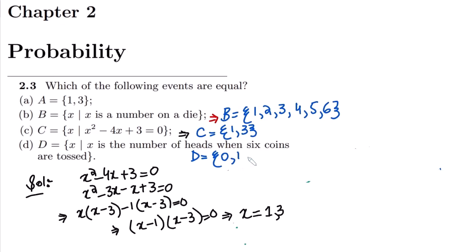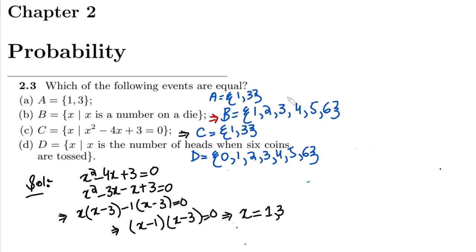I may also have 1 head out of these 6. Similarly, 2 heads, 3 heads, 4 heads, 5 heads, and it is also possible that I get all heads, that is 6. So this is D. Similarly, I have A equal to 1, 3, and B is this, C is 1, 3, D is 0 to 6.